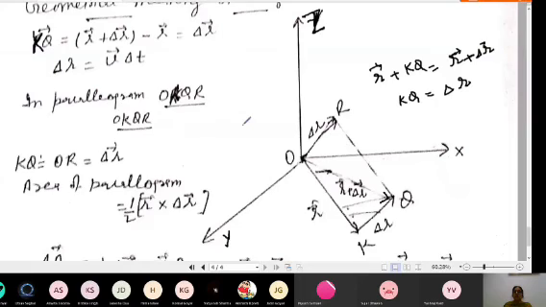And this delta r, in terms of time, is given by v into delta t, where v is the velocity with which the particle is moving.